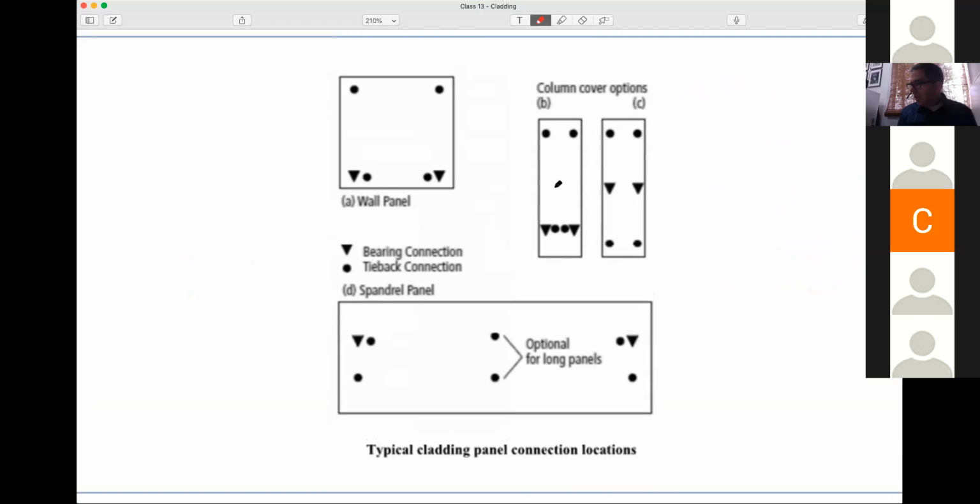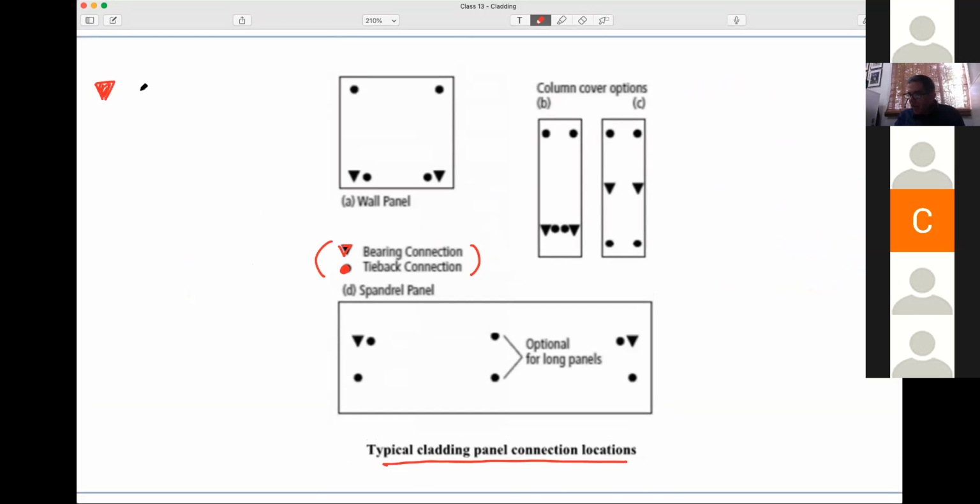So let's take a look at some cladding, down here, panel connection locations. Let me just highlight these 2 here. The circles would be tiebacks, and the triangles would be bearing.